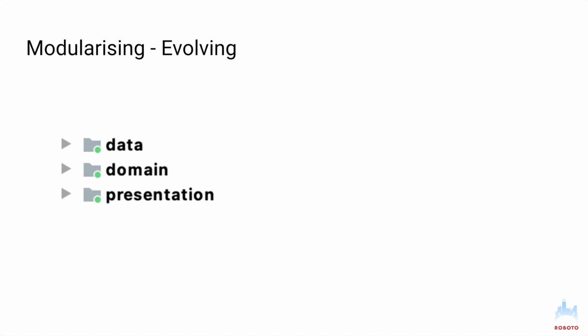This contains a data, domain, and presentation layer or presentation modules. This follows the clean code approach, and this already helps us have our code better organized. Each of those modules is independent, and obviously they communicate with each other, but this would be a first approach.